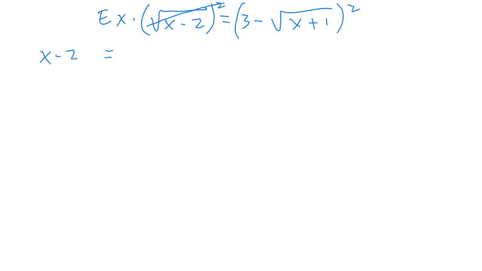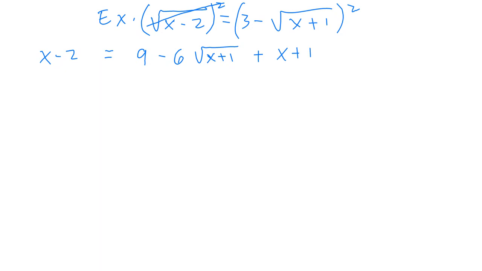So I can take 3 times 3, that should be a 9, minus, so we're taking 3 times a negative square root of x plus 1, that should be a negative 3 square root of x plus 1 times 2, which is the power. It gives you a negative 6 here, square root of x plus 1. And then you take the square of the second term of the binomial. So it gives you plus x plus 1.